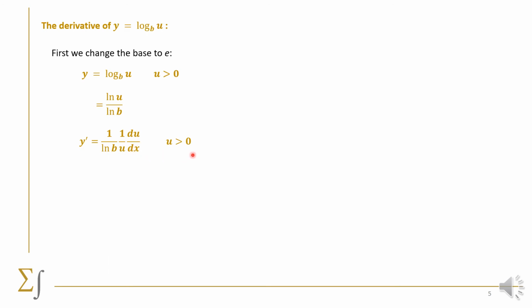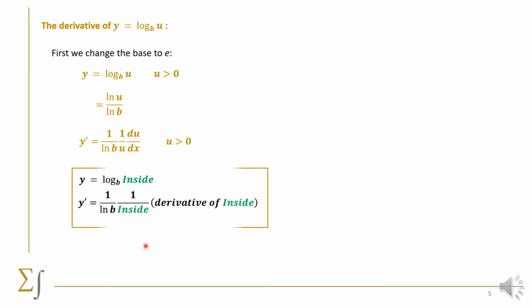And also we have to put that u is greater than 0. I write it in the way y equals log base b of inside. It will be 1 over ln b, because we changed the base, multiplied by 1 over inside, multiplied by the derivative of inside. All this is giving us the derivative of y.